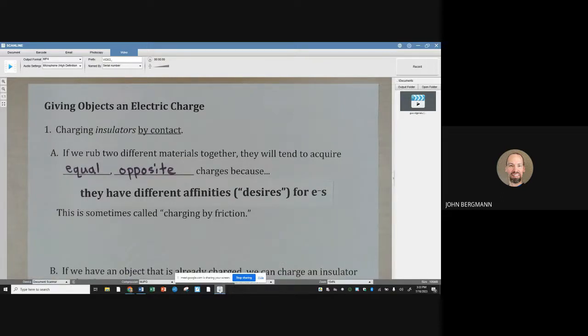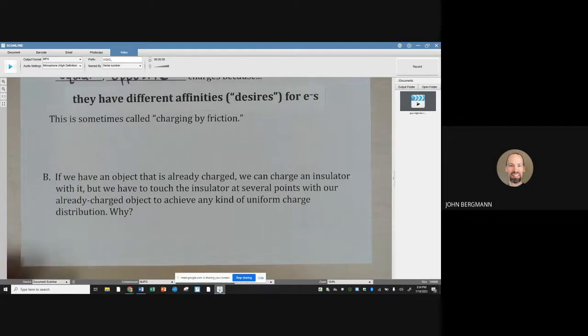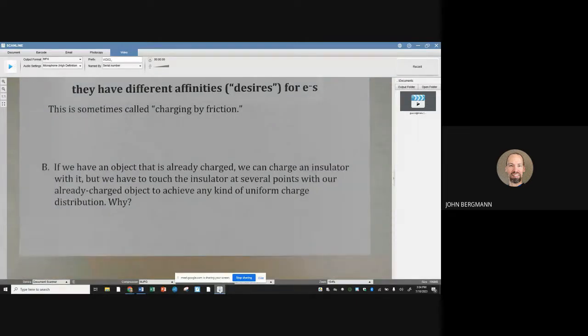This is sometimes called charging by friction because we need to use friction through the contact in order to make that happen. If we have an object that's already charged, we can charge an insulator with it, but we have to touch the insulator at several points with our already charged object to achieve any kind of uniform charge distribution.